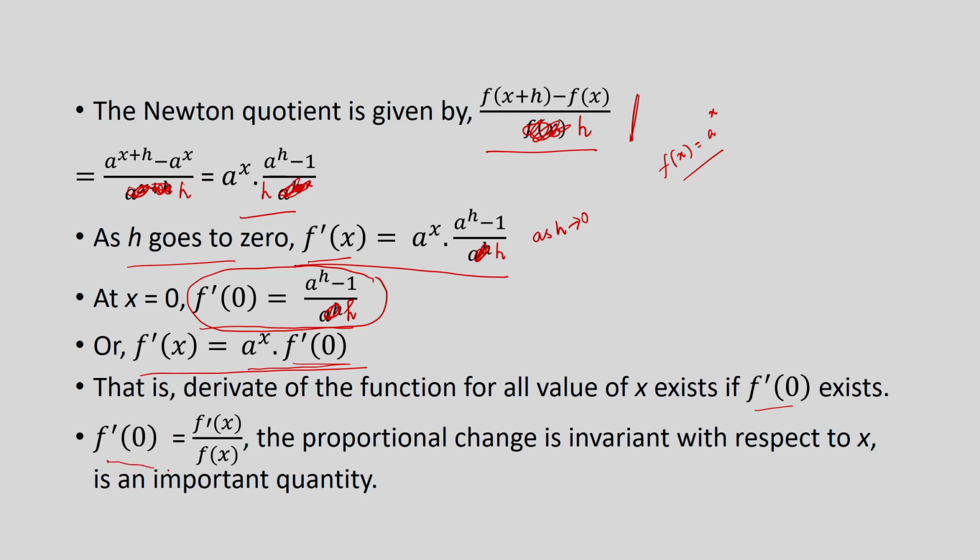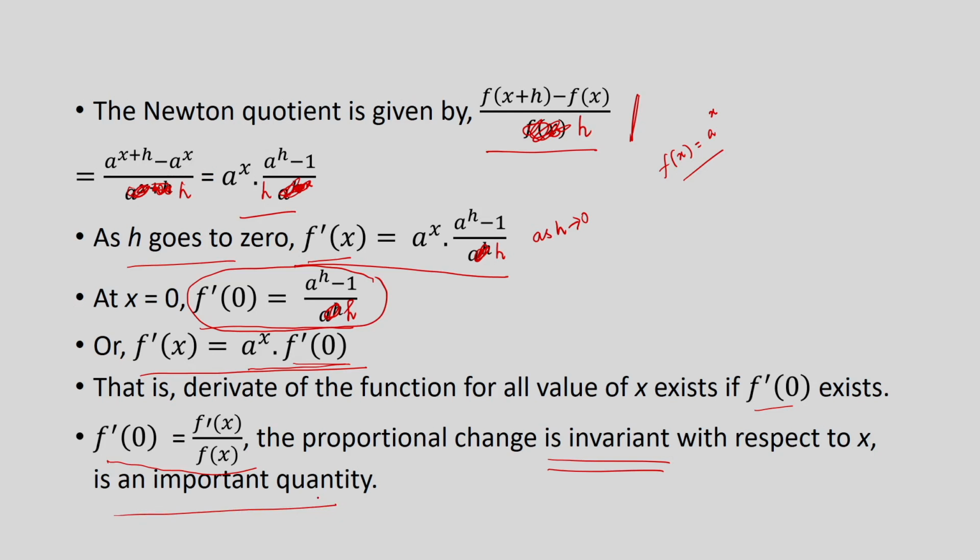Furthermore, I can see that if I divide both sides by a to the power x, then I will get f dash of 0 is equal to f dash of x divided by f of x. The proportional change is invariant with respect to x, and this is an important quantity.